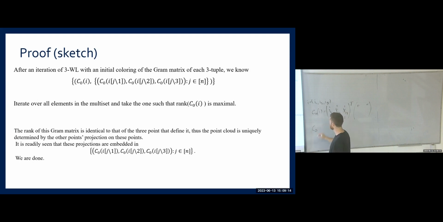I have C0 of I, where I replace the first index with J. What does this give me? It gives me exactly the same thing here. It gives me this thing here. But here I now have xj, and then here I also have xj.